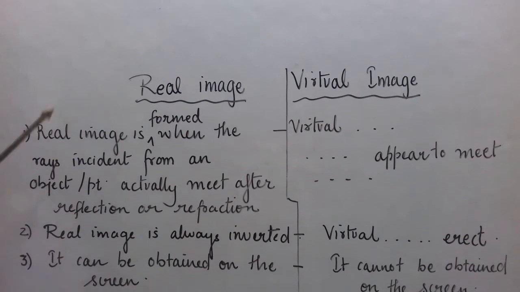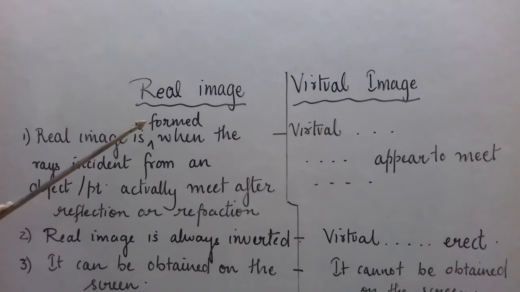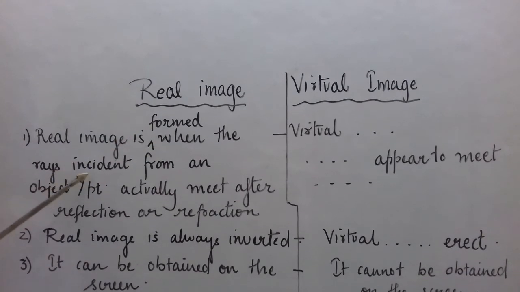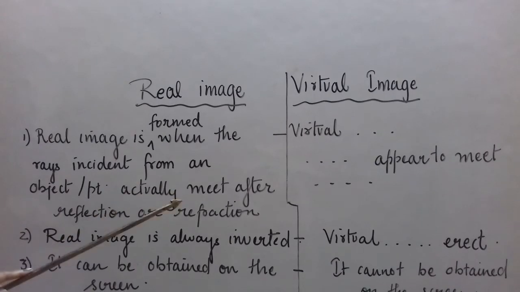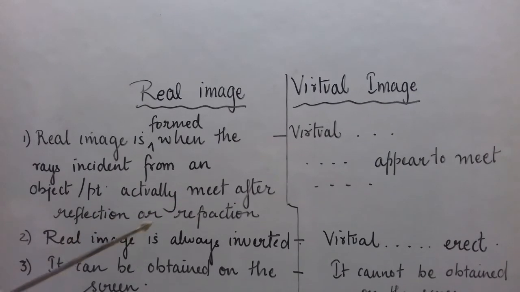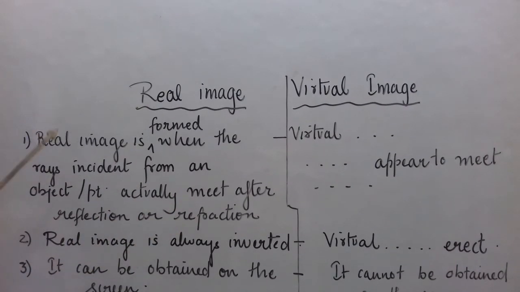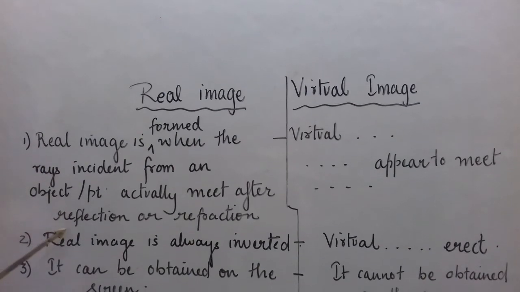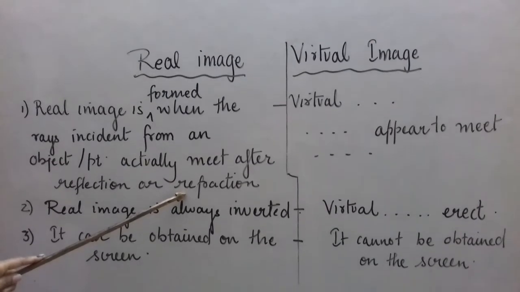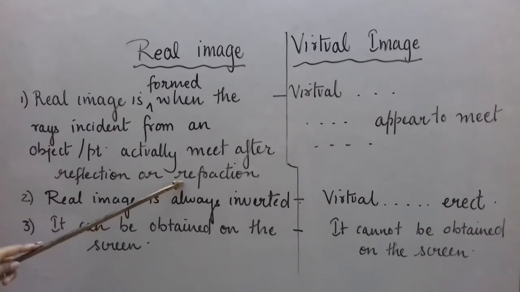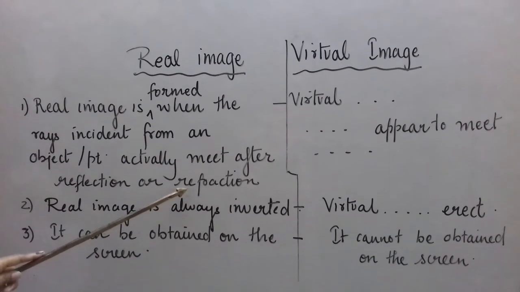Now, real image. A real image is formed when the rays incident from an object or any point actually meet after reflection or refraction. Images are formed due to reflection also, as in the case of a mirror, and due to refraction also, as in the case of transparent media like glass, water or lenses.